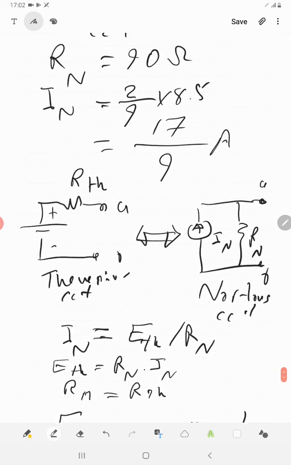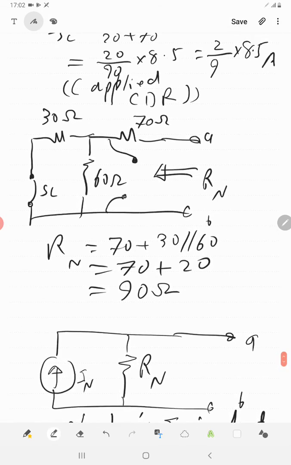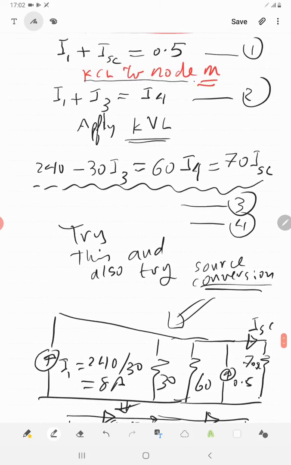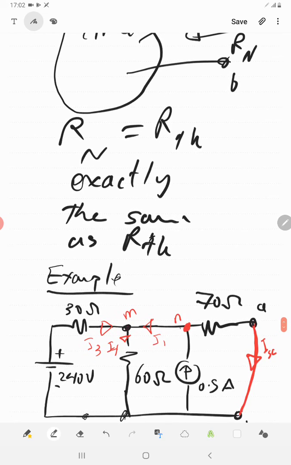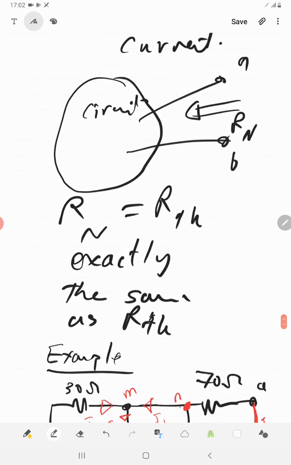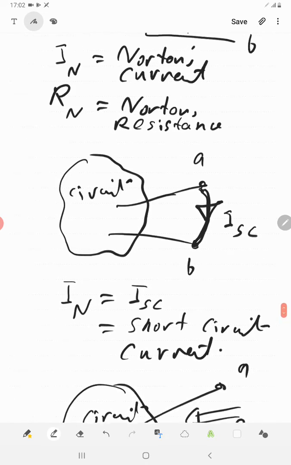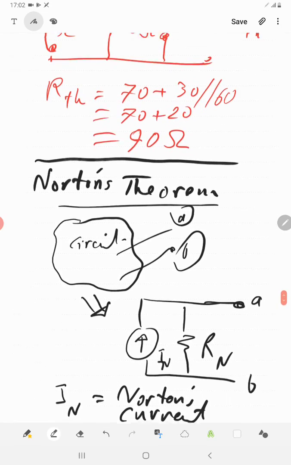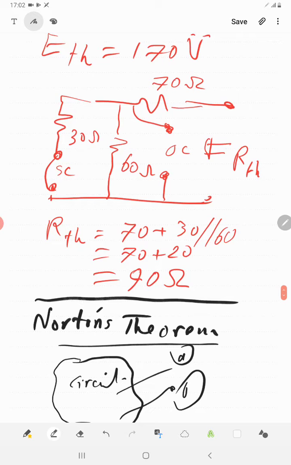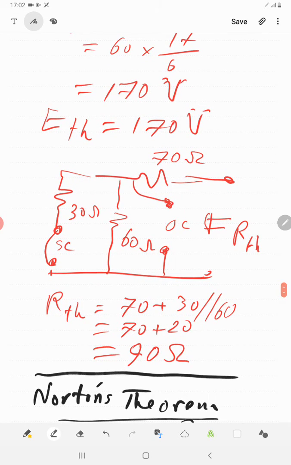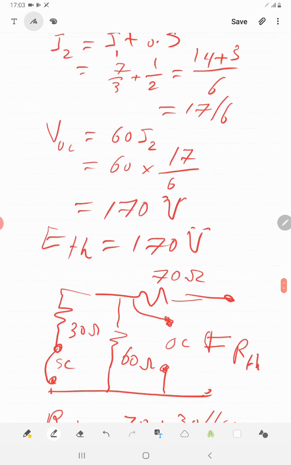Okay, if we go back to our previous example in here, when we did that, we found that R Thevenin is 90, and E Thevenin, look at it here, is equal to 170.